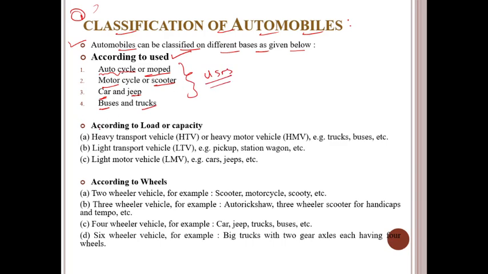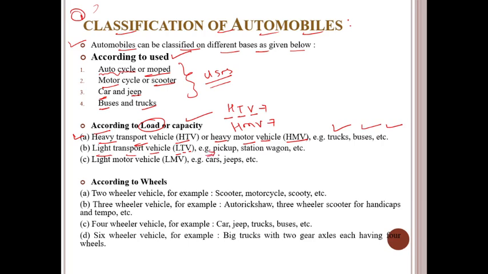Now the second one is according to load or capacity of the vehicles. Here we have heavy transport vehicles, called HTV. Another is heavy motor vehicles, HMV. Examples are trucks, buses, etc. Next is light transport vehicles, LTV.